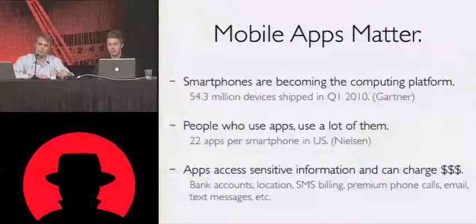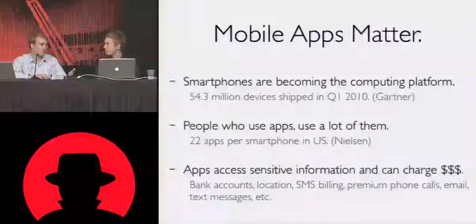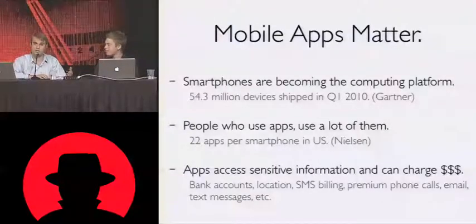And not only are people downloading apps, the people who do download apps are doing so at a voracious pace. We're seeing on average about 22 apps per smartphone. I can tell you that we've seen a number of data points where people may have hundreds of apps on their smartphone, and especially in a world where a lot of new smartphone users are unsophisticated, this is a brand new platform to them, they're downloading apps just because it's exciting, not even really thinking about what's happening on their device or what might happen in the context of these apps.